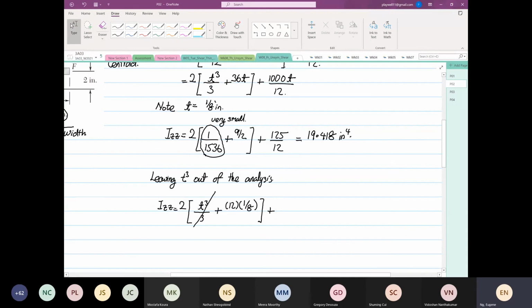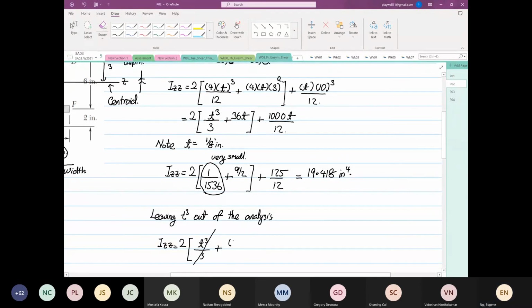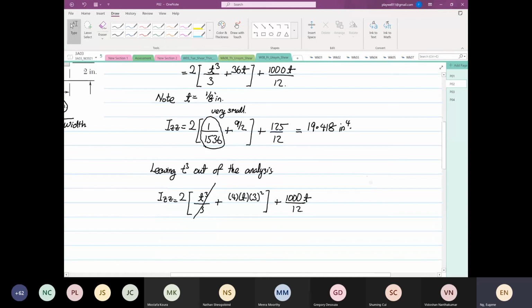Thank you. You guys tell me, or you'll be embarrassed later on. So now the width is still 4, T, then this is 3 squared. So plus 125. This is still 1,000T over 12. This is the same.